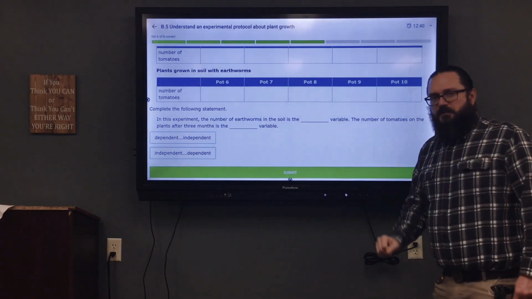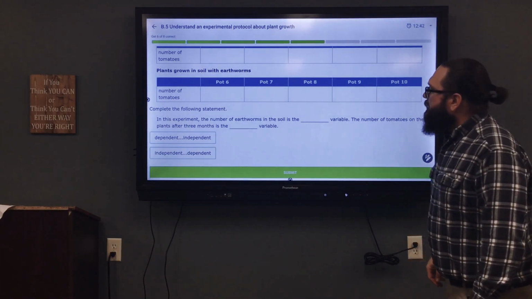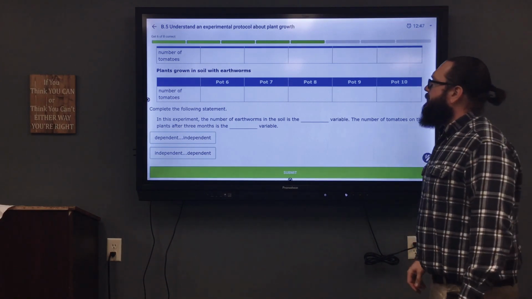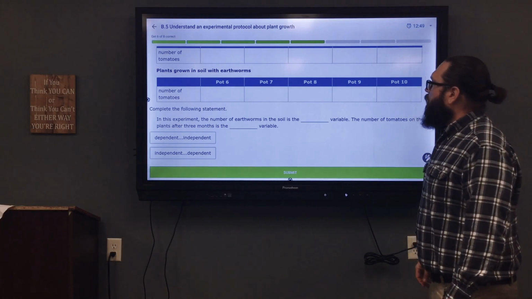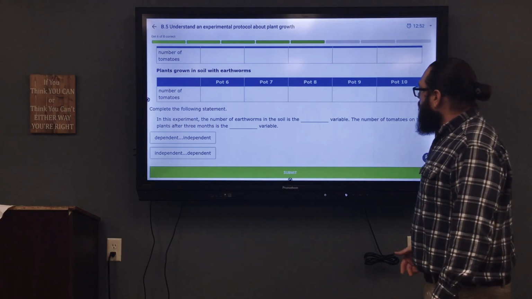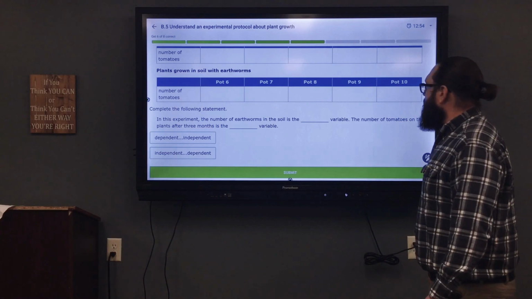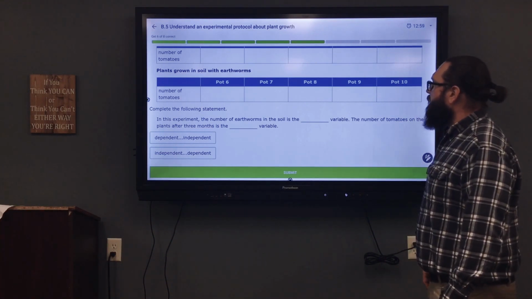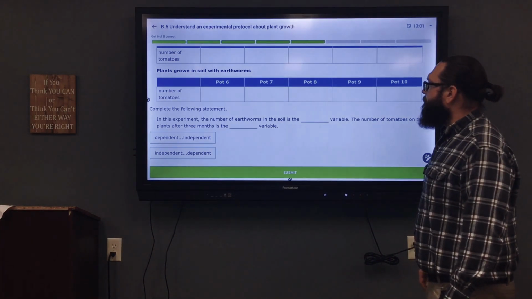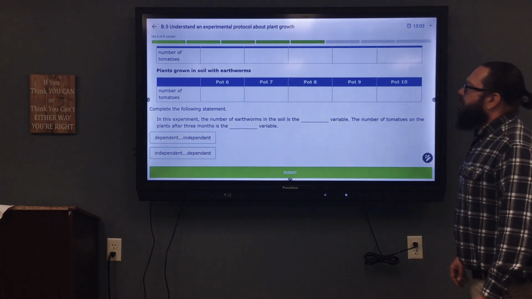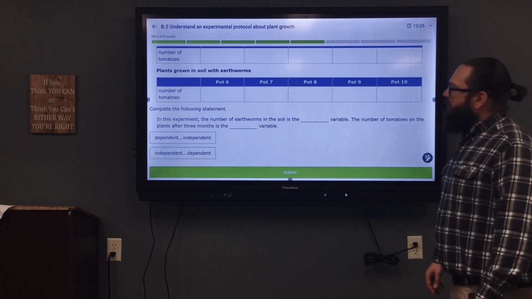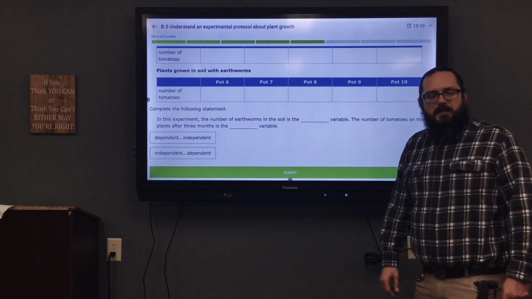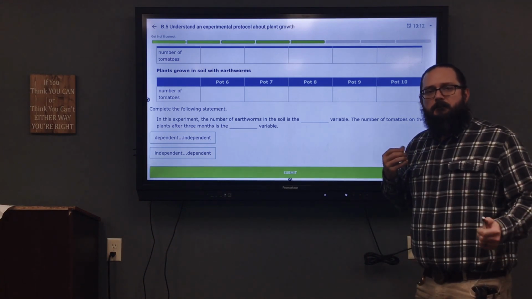Now, we are asked to complete the following statement using the words dependent and independent. In this experiment, the number of earthworms in the soil is the blank variable. The number of tomatoes on the plants after 3 months is the blank variable. So in this experiment, the dependent variable is dependent upon certain factors.